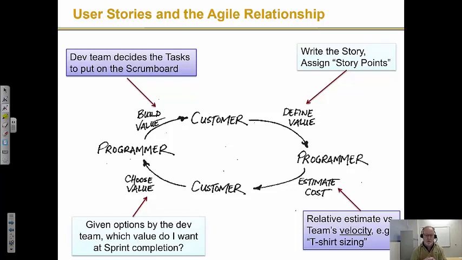Then the development team looks at those chosen stories and says, okay, how are we going to build it? The part of the Scrum board that the development team owns is the part where the tasks are defined. The part of the board that the product owner or customer defines is the part where the stories appear. So the board in a sense is partitioned in that way.